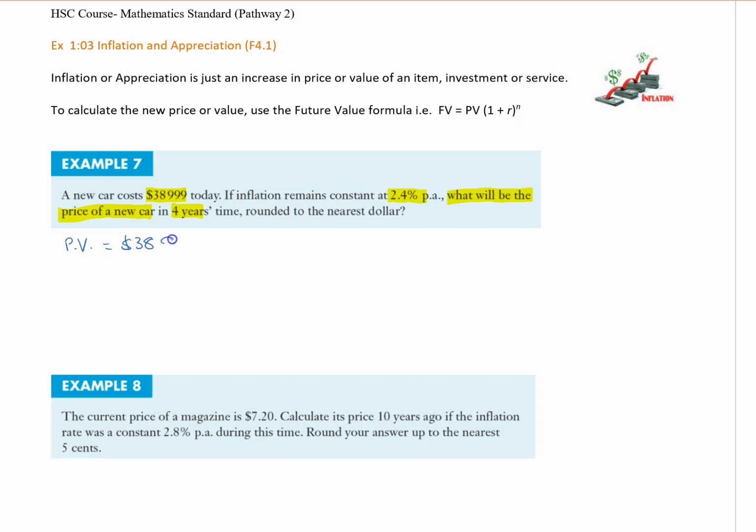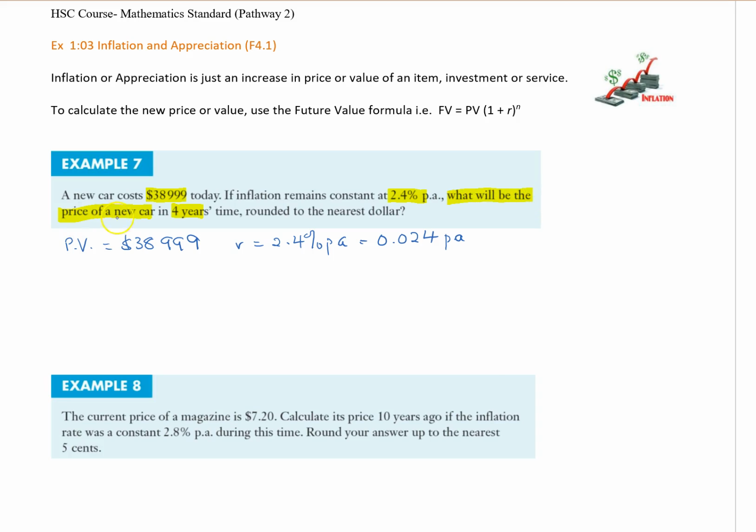Now we're making this look much more mathematical. If the inflation remains constant, this is a percentage. That's clearly the rate, 2.4% per annum. We know that we have to convert that to a decimal, and to do that you divide it by 100 or move the decimal point back 2 places. That's per year.